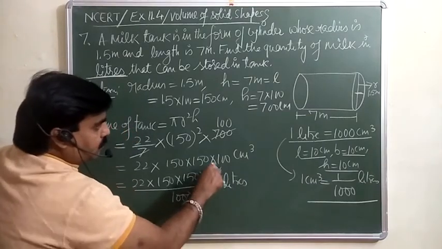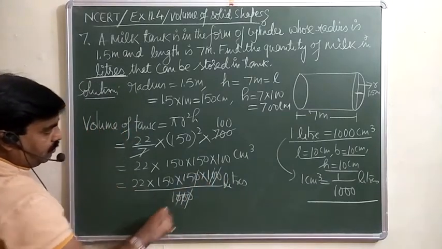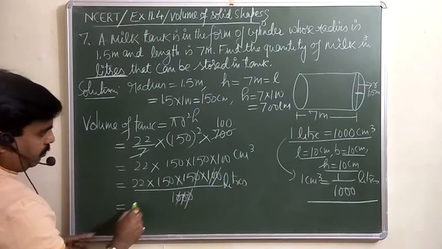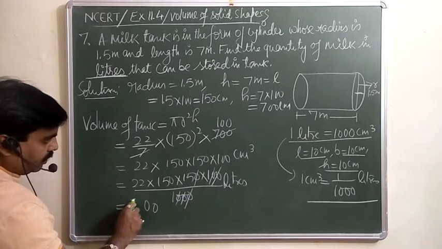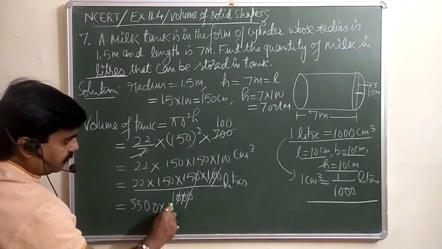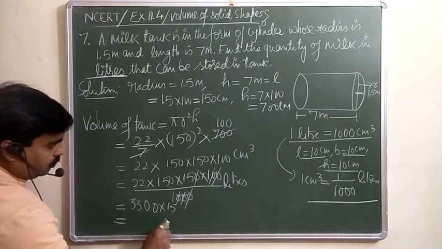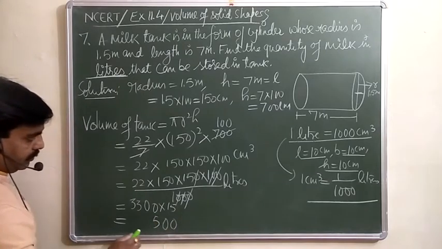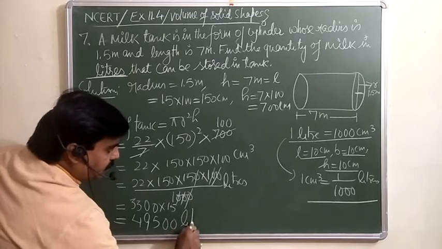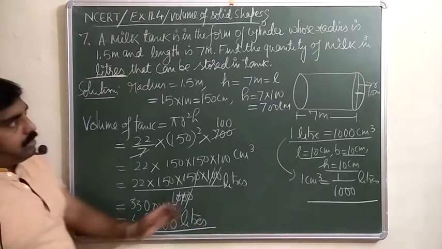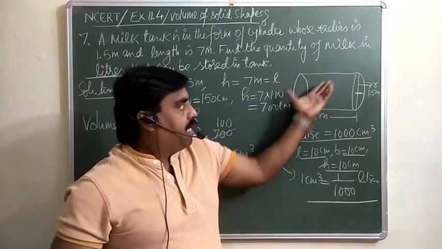You can cancel and solve it, and we get 495 liters of milk that this tank can store.